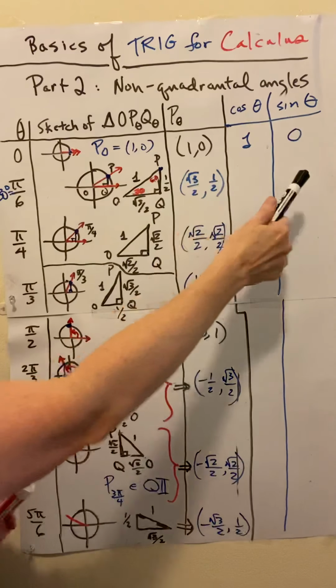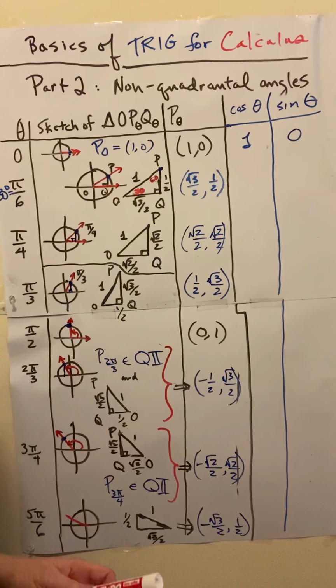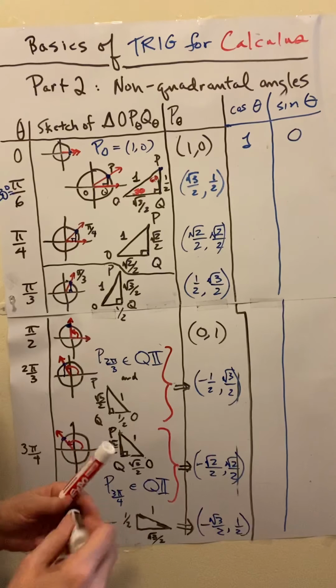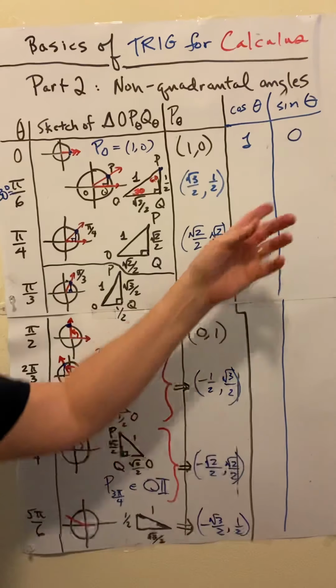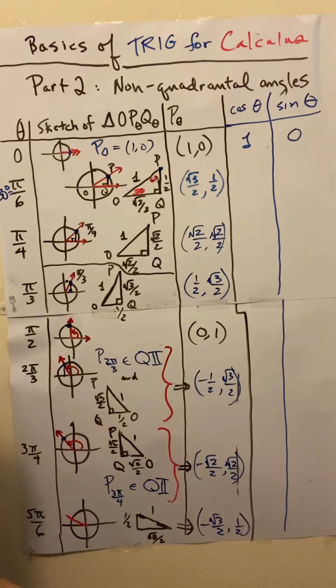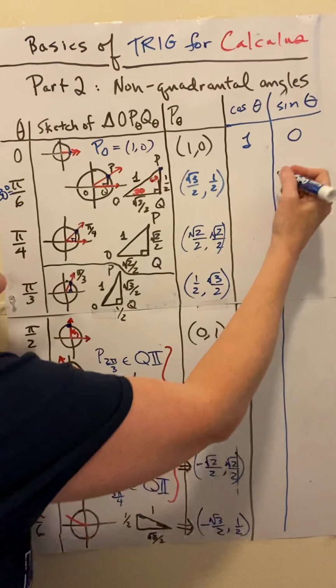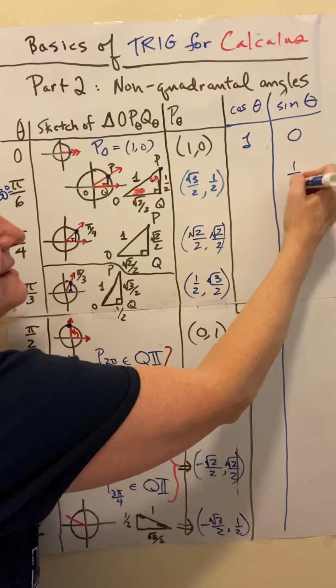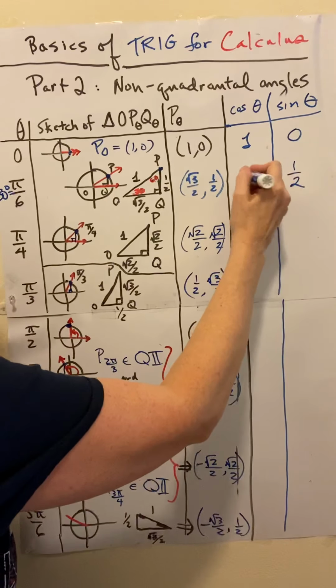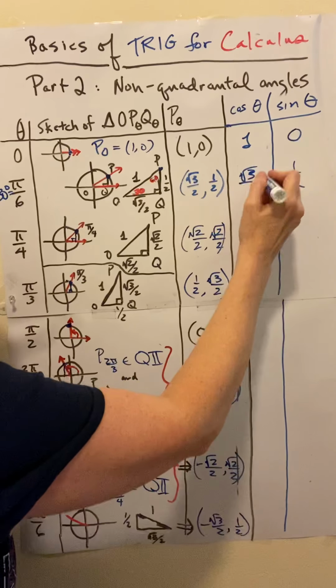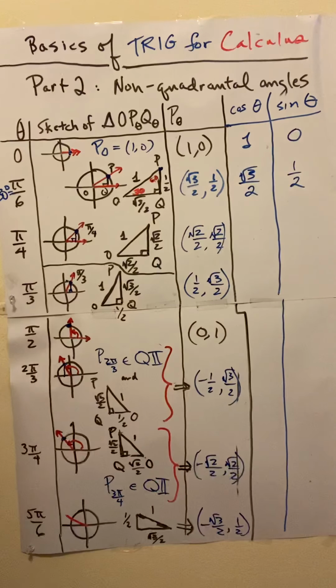Therefore, for example, the sine of pi over 6 is what? The cosine is what? You should also be able to answer those questions if they're not in order. So the sine of pi over 6 is a half. The cosine of pi over 6 is square root of 3 over 2.